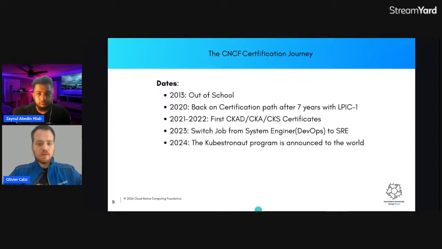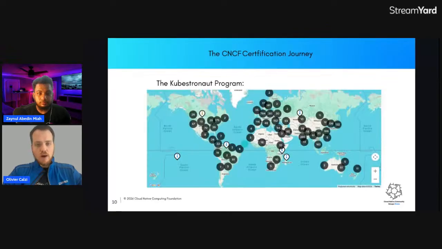Let's get them all. So where do we stand today? On the numbers given at KubeCon Amsterdam, we are now 3,500 Kubestronauts, and about 350 Golden Kubestronauts across the world.